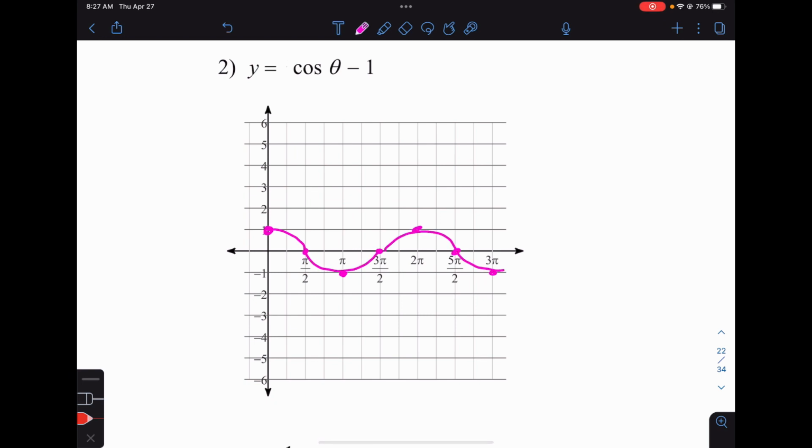So what ends up happening then, when we have that minus, is it's going to shift all of the y values down. So typically, cosine and sine, for that matter, have kind of a baseline here at 0. And if we're going to shift it down 1, our new baseline is going to be right here, all right? And everything is just going to shift down by 1 unit.